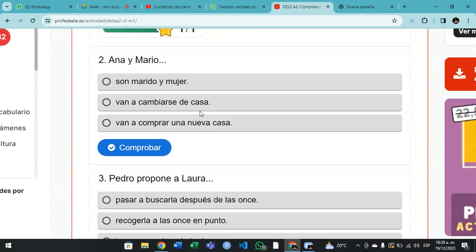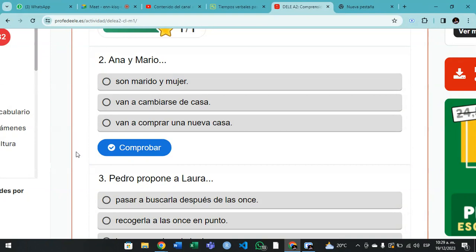Ana y Mario: A, son marido y mujer. B, van a cambiarse de casa. C, van a comprar una nueva casa. What does marido mean? Marido is husband, like husband and wife.